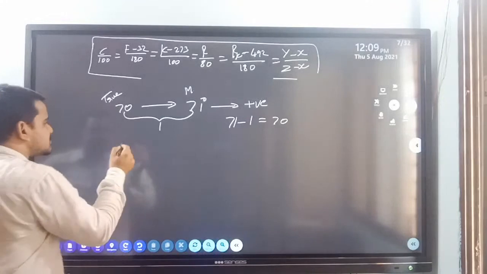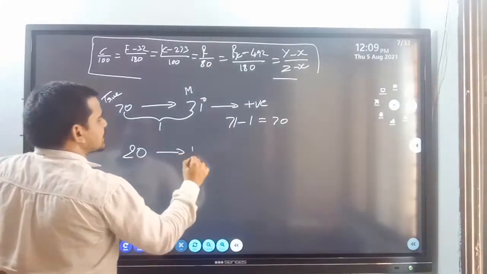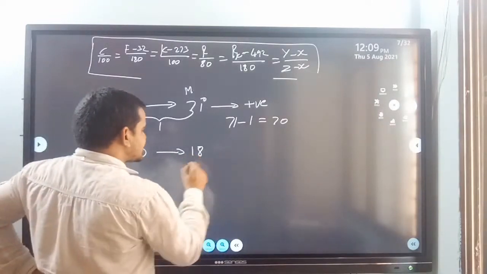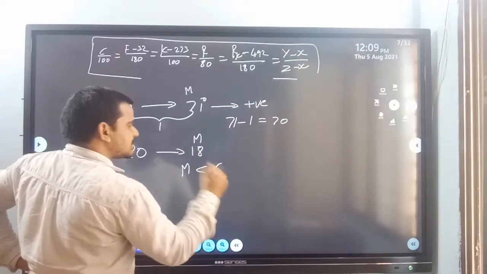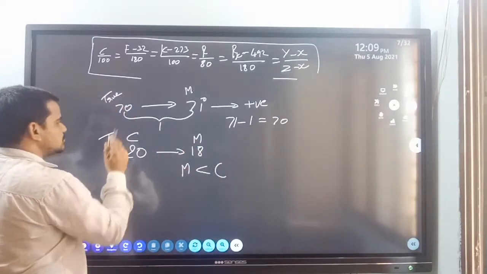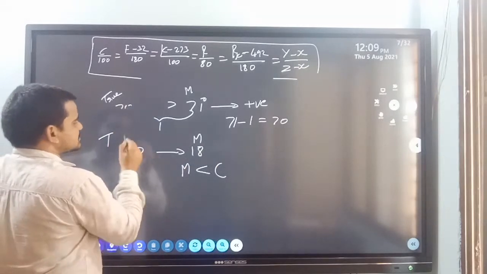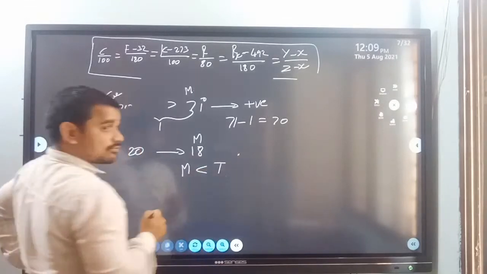Maybe in some situations, some students may get this: the correct value is 20, but the value he got is 18. Means the measured value is less than the correct value or true value. True value is this much. Then what is the meaning of that?